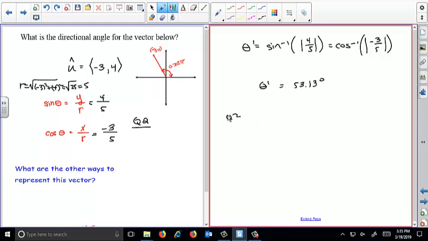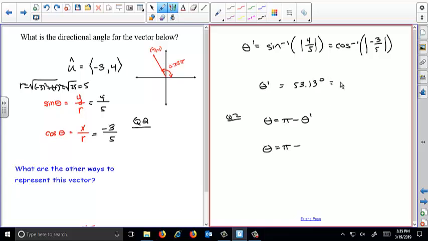But in this case, I have a second quadrant solution, and that is theta is equal to pi minus theta prime. Well, I should have done this in radians, so I forgot to change my calculator over. So we take the inverse sine of 4/5.